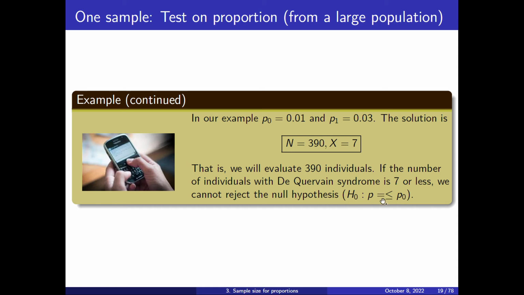As opposed to what we were doing with the previous examples of the sample calculation for the mean and for the variance, where the critical value was given by the distributions, that was also a critical value, but it was not explicitly returned by the method. Now we have explicitly returned a critical value, this x equals 7.